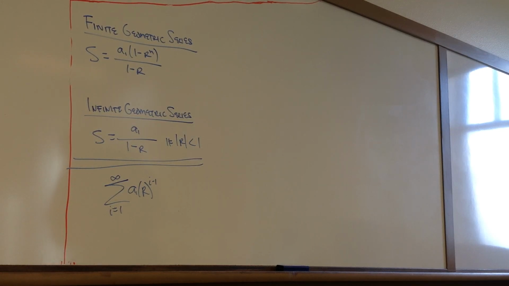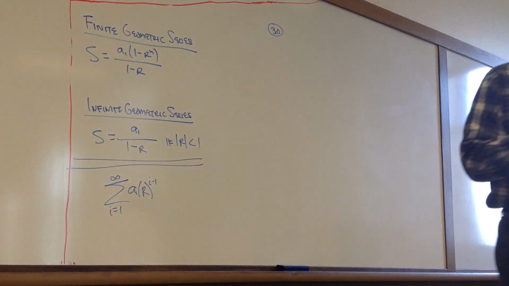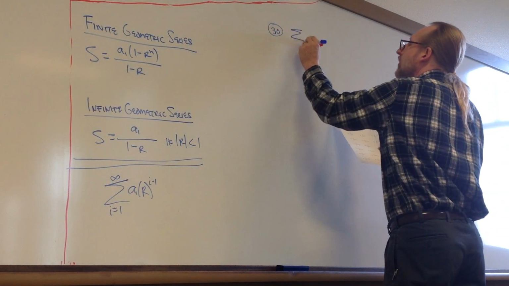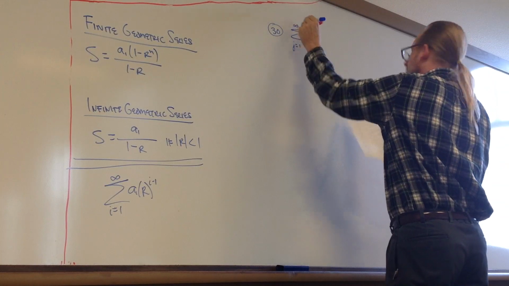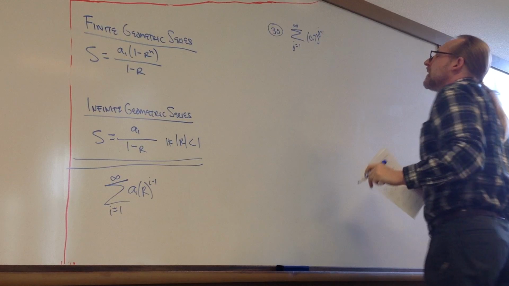All right, let's see here. Oh, what else do we want to do? Let's do problem 30. See what we get here. So sum from 1 to infinity, 0.7 to the j minus 1.